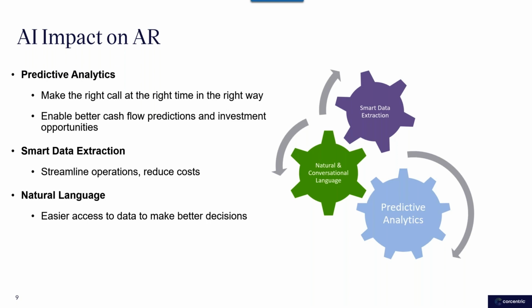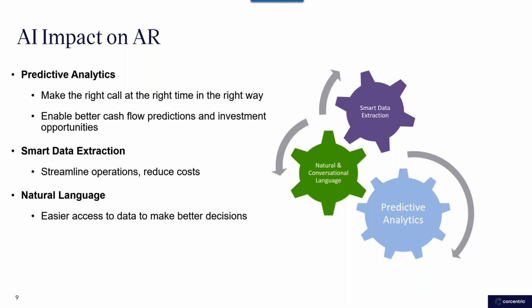Also because of that, we can enable better cash flow prediction and investment opportunities, meaning that based on the data we have, we can analyze all of this data and really understand where the money actually is in the process.